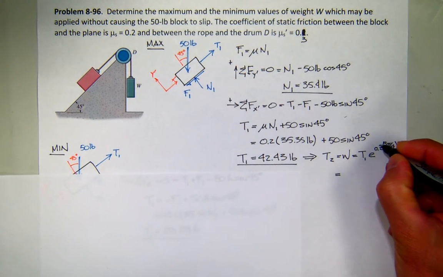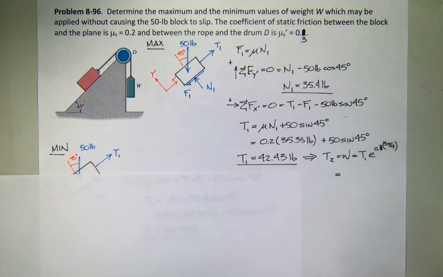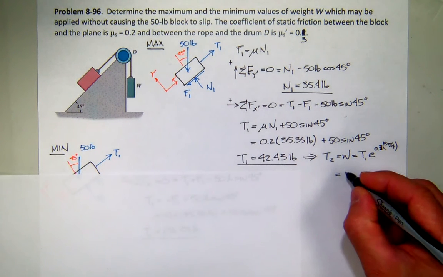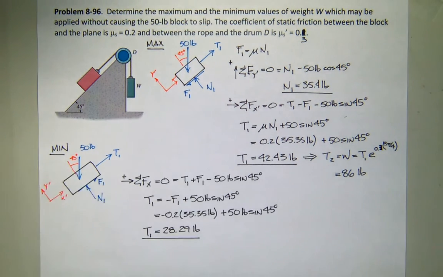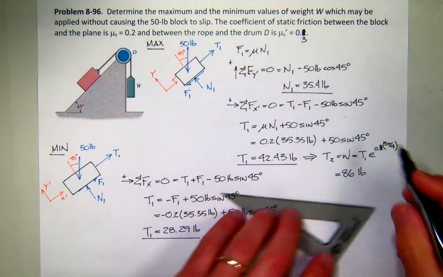So change this to 0.3. That should make it a little higher. I probably was cutting and pasting when I made this document and didn't update it. 86. I like that better, considering I'm looking at the solution manual and that's what they got, so I'm happy about that.